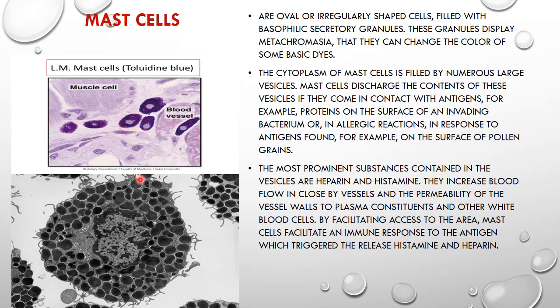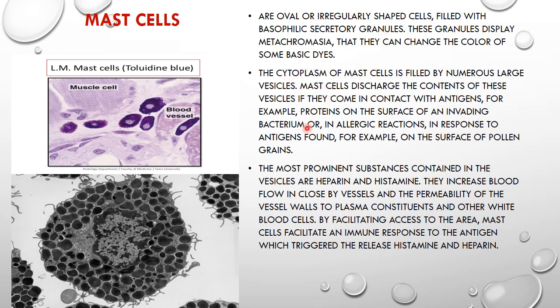these secretory granules. Now, they are oval or irregularly shaped cells filled with basophilic secretory granules, and these granules display metachromasia, that is, they can change the color of some of the basic dyes.